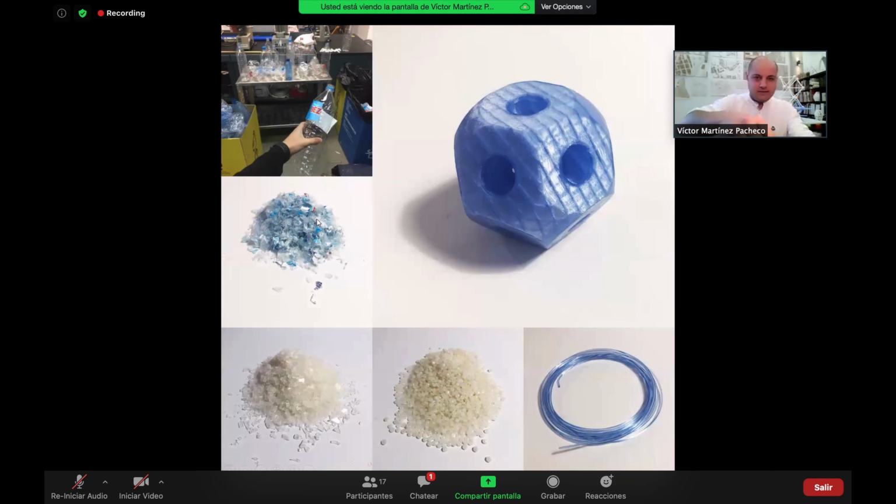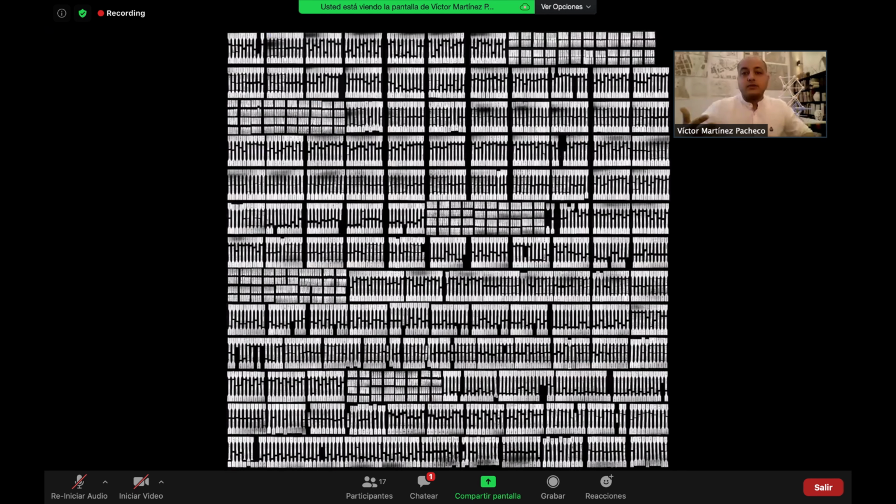I have some crushed water bottles here. They were transformed into pellet and into filament, 3D printing filament, to manufacture our structure made with 3D printing from recycled bottles. All of that in order to determine the influence of fill density, orientation, and internal pattern on the resistance of 3D.